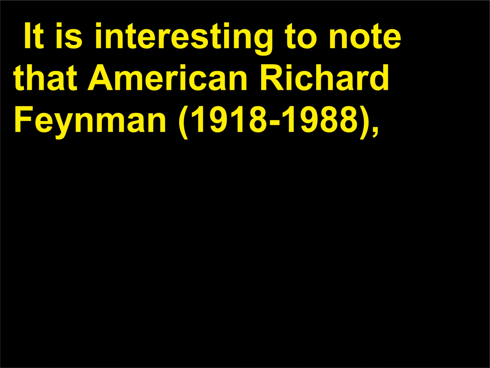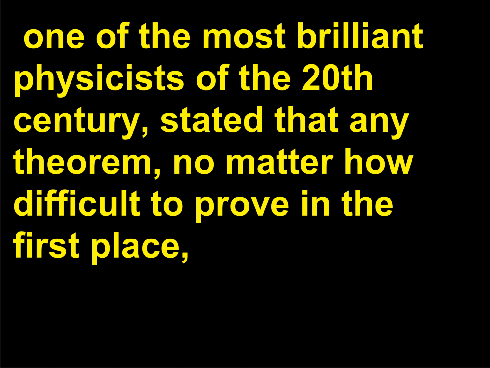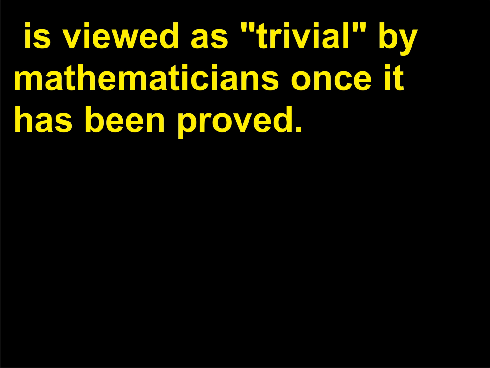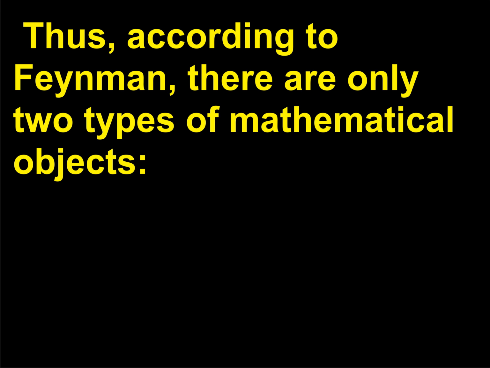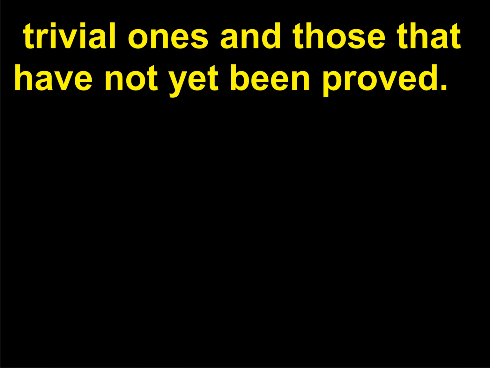It is interesting to note that American Richard Feynman, 1918 to 1988, one of the most brilliant physicists of the 20th century, stated that any theorem, no matter how difficult to prove in the first place, is viewed as trivial by mathematicians once it has been proved. Thus, according to Feynman, there are only 2 types of mathematical objects: trivial ones and those that have not yet been proved.